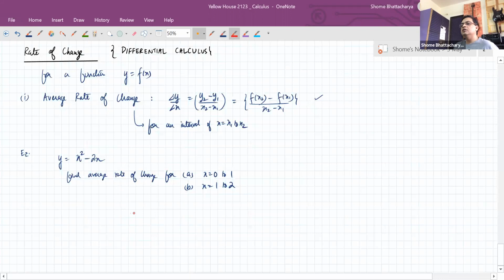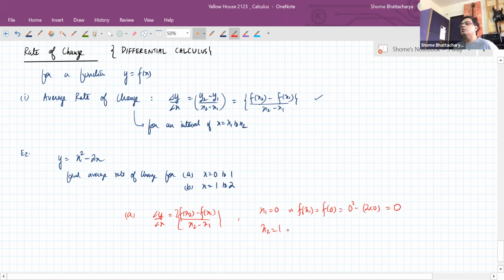For the first one, delta y by delta x is f(x2) minus f(x1) divided by x2 minus x1. Here x1 is 0, so f(x1) becomes f(0), which is 0 squared minus 2 into 0, that's 0. Whereas x2 is 1, so f(x2) is the value of the function at x equal to 1.